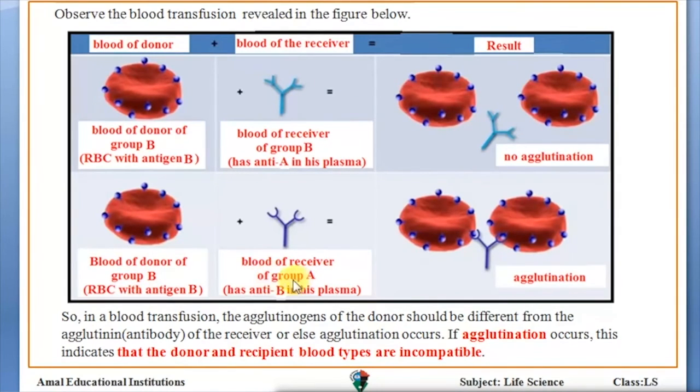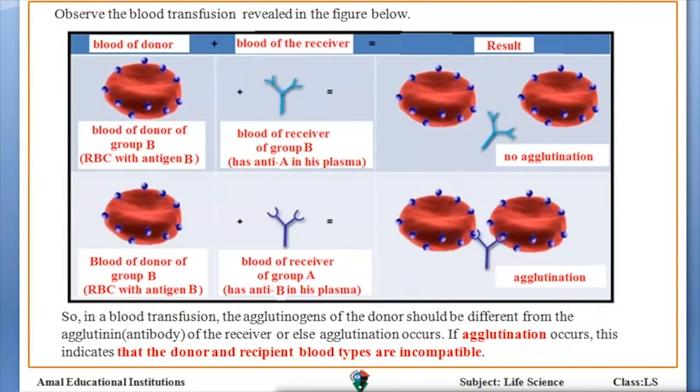Group A, being a receiver, has antibodies in his plasma which are to be considered. The antibodies here are anti-B, since we know that group A has antigen A on the red blood cell and anti-B in his plasma. The mixing between the red blood cell with antigen B and the anti-B antibody is going to lead to binding here. This is going to show as agglutination.